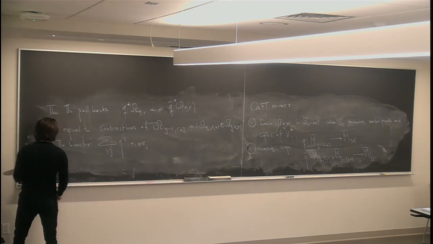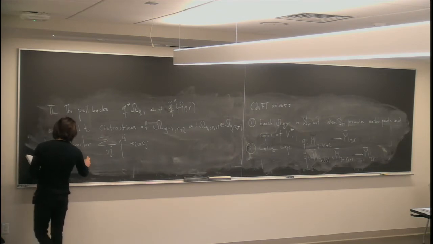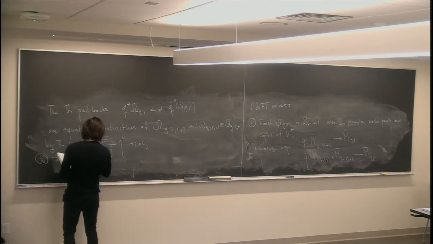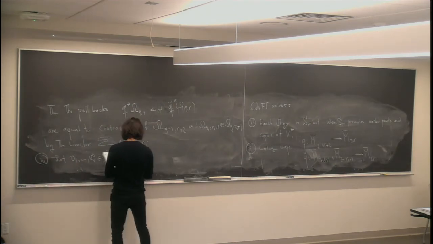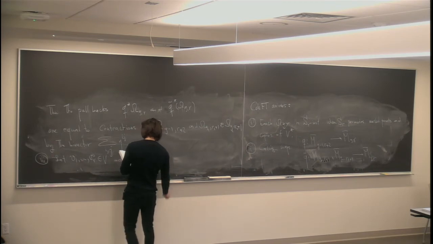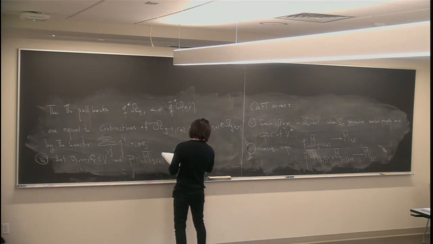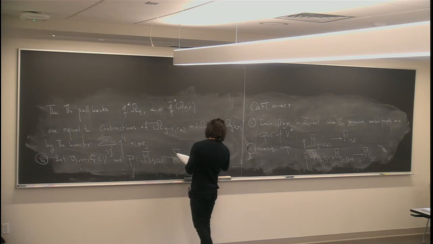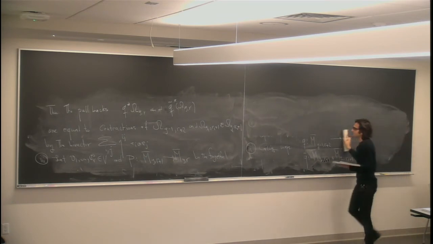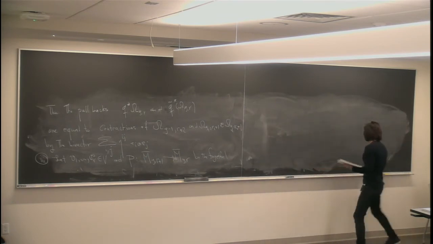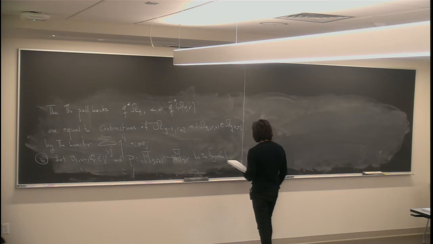Okay. Then we have the third axiom too, which is: let V1 to VR be elements of V, and let P be a map from M-bar_{g,R+1} to M-bar_{g,R}, the forgetful map.